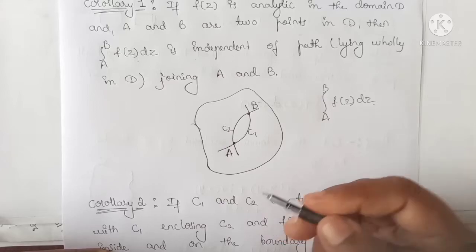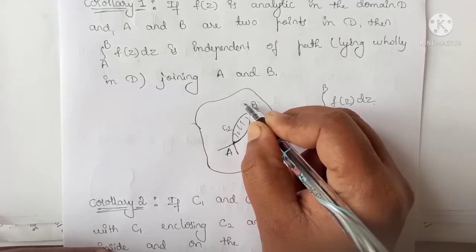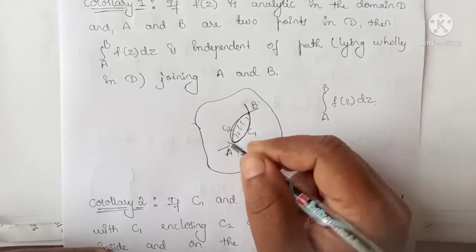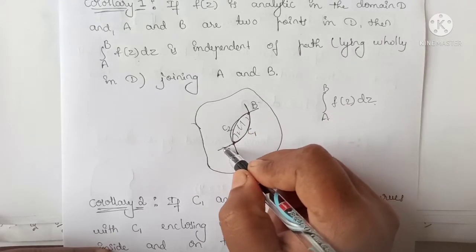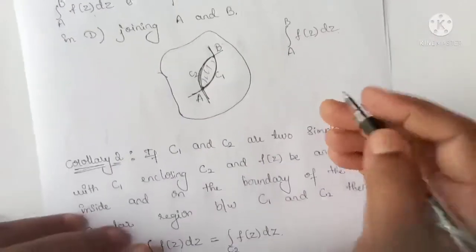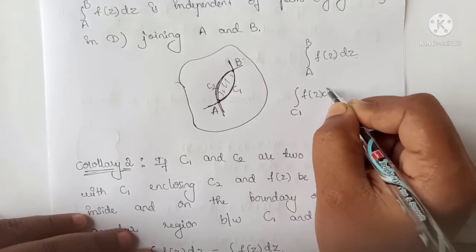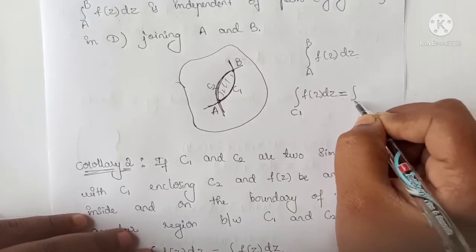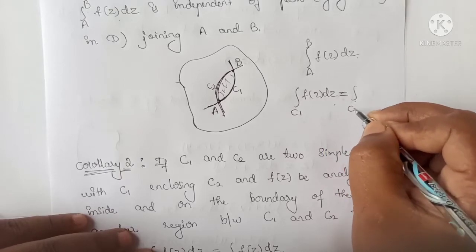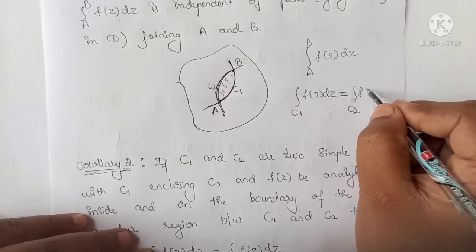Independent of path means we can integrate along c1 or along c2, from a to b or b to a, and we get the same result. That is, the integral along c1 of f(z) dz equals the integral along the curve c2 of f(z) dz.